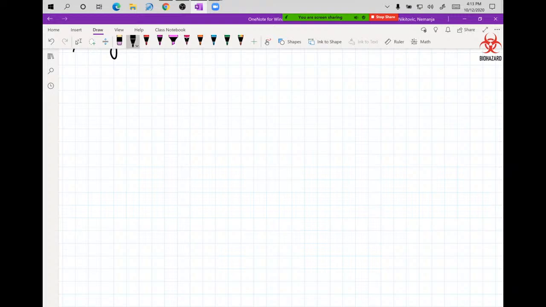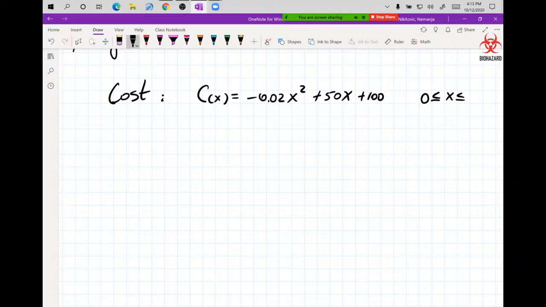The business gives you the cost function, C of x equals negative 0.02x squared plus 50x plus 100, for the units 0 to 1,000. That's it.